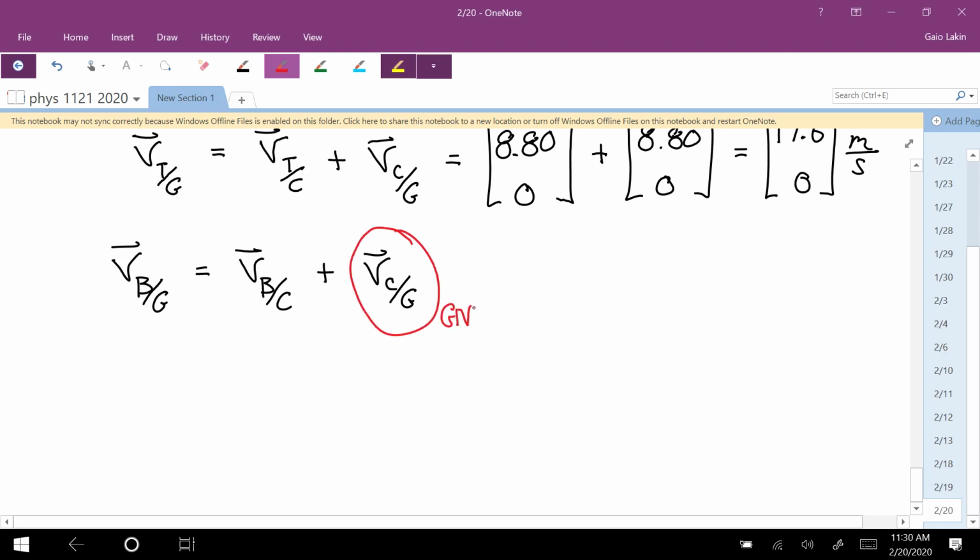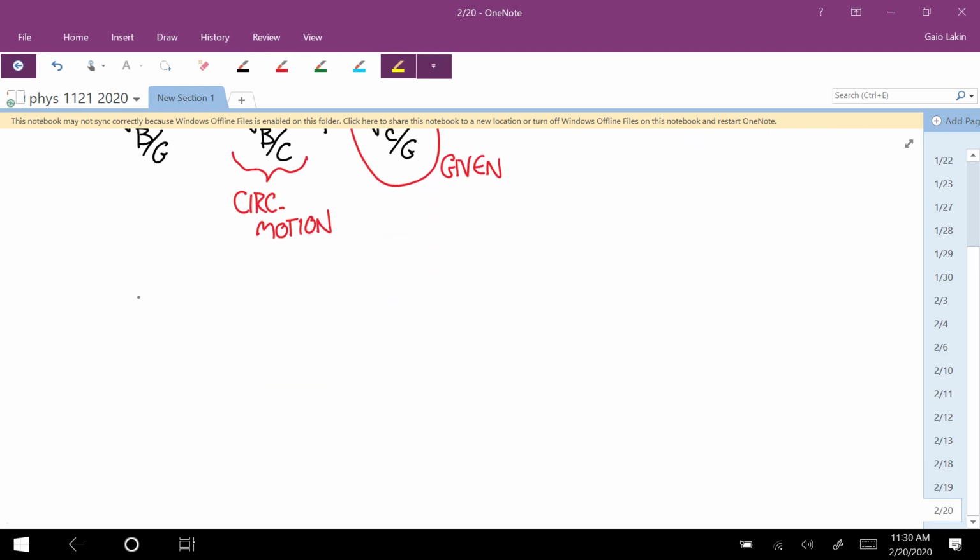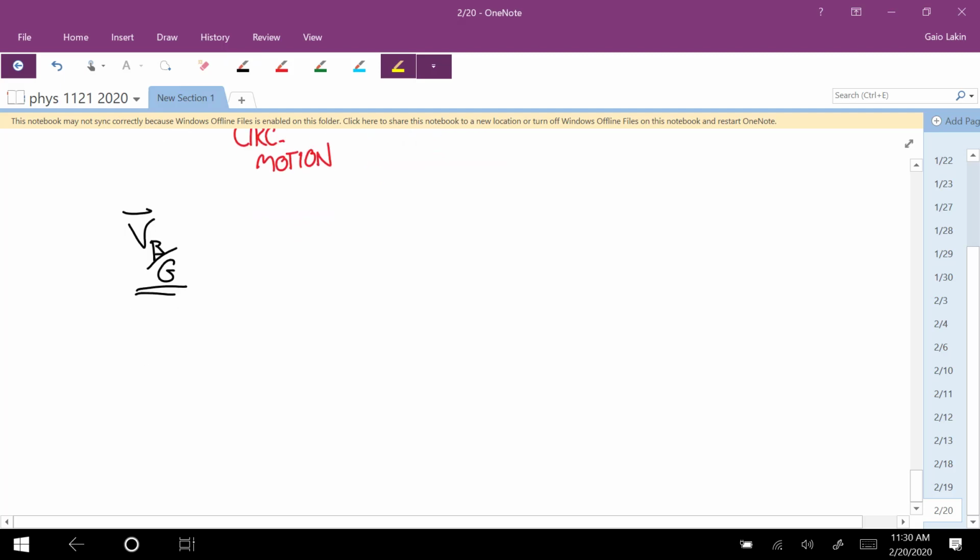This is the one that's given. This is circular motion. And so to calculate the velocity of the bottom relative to the center, we'll think about this circular motion again. There's the center. Here's the bottom.